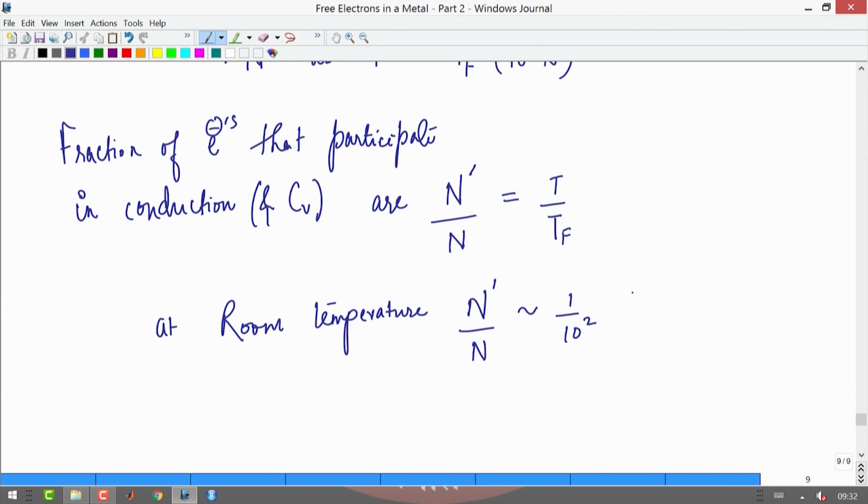So, it is like of the order 100, whereas the Fermi temperature is of the order of 10,000. So, I am going to say that this is a fraction of the order of 1%. Okay. So, this is like 1%, 0.01 is like 1%.